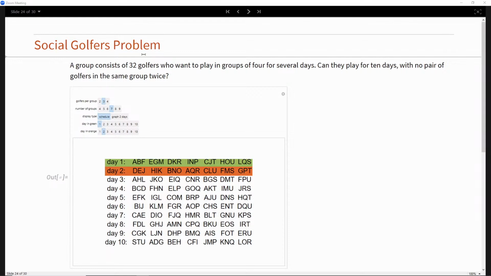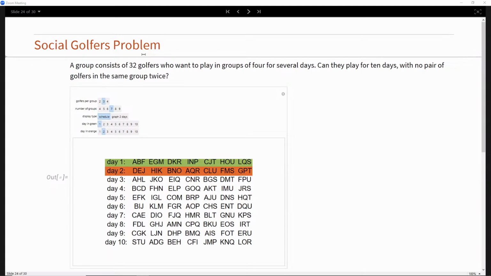One more complicated problem is what's known as the social golfers problem. So the Kirkman girls problem can be considered as 15 golfers playing in triples for 7 days so that every pair of golfers plays with each other once.